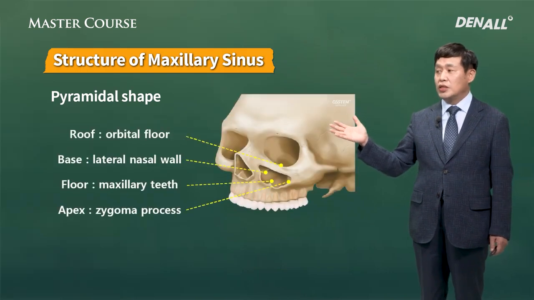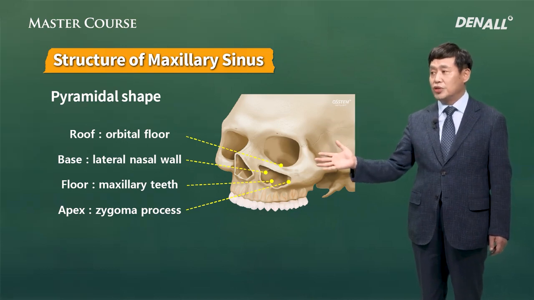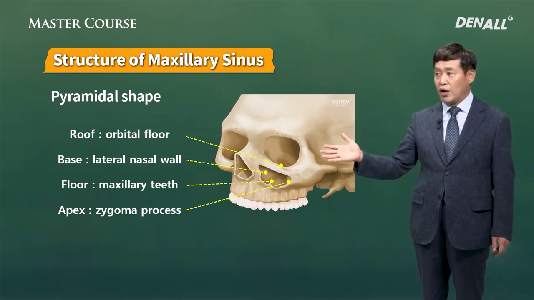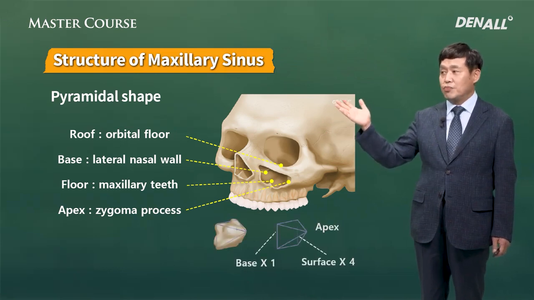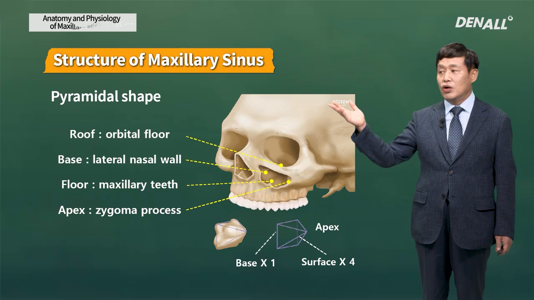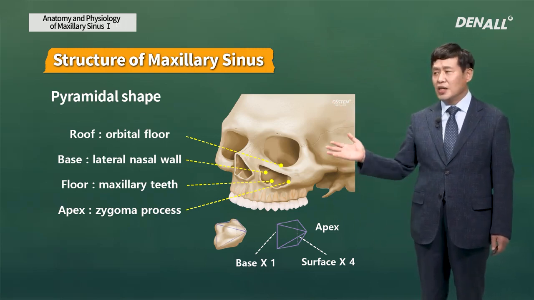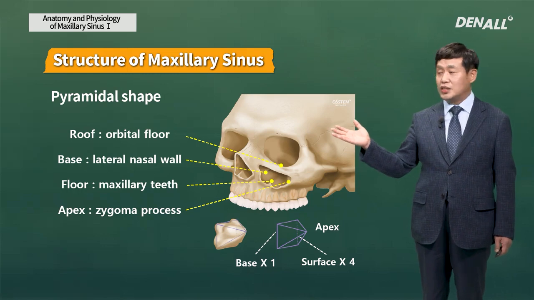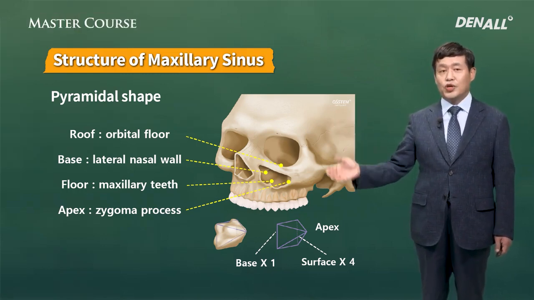In general, the base is on the nasal cavity side, and the apex is at the zygoma process. The pyramid is lying sideways like this, but I explain to patients that it is positioned upside down. That's easier for the patient to understand.